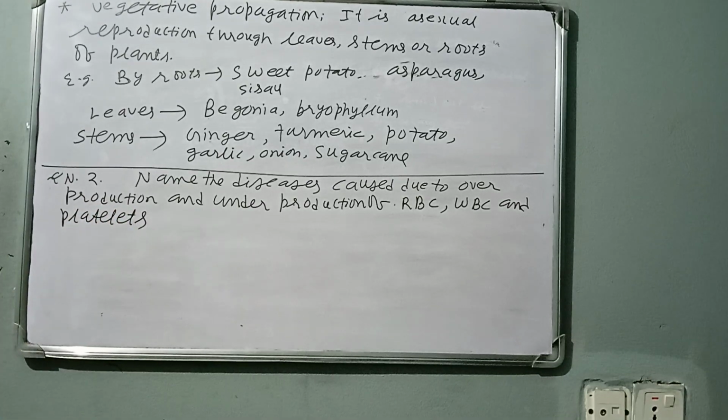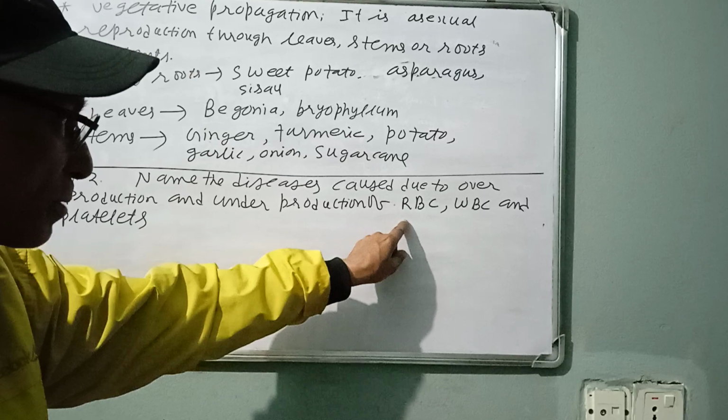See, can you name some diseases which are caused due to the overproduction and underproduction of RBC, WBC and platelet?